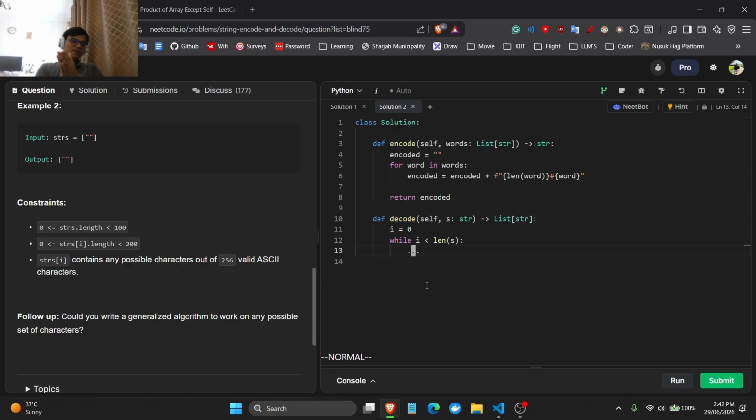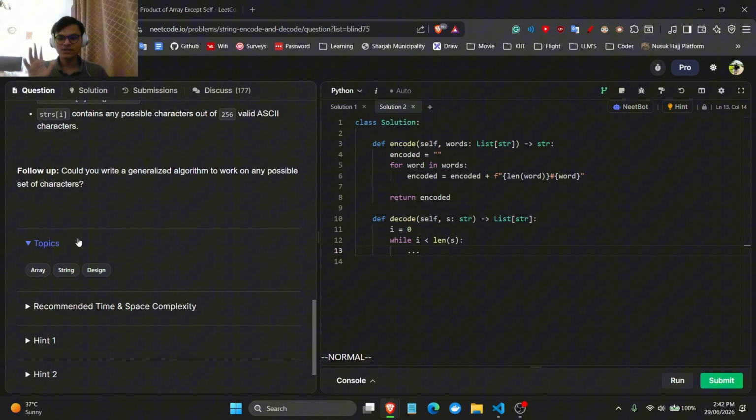The way we encode our string is, we know that first there will be a number up until the pound symbol. Again, this is something like two pointers. It also has two pointers in this, I do recall it.